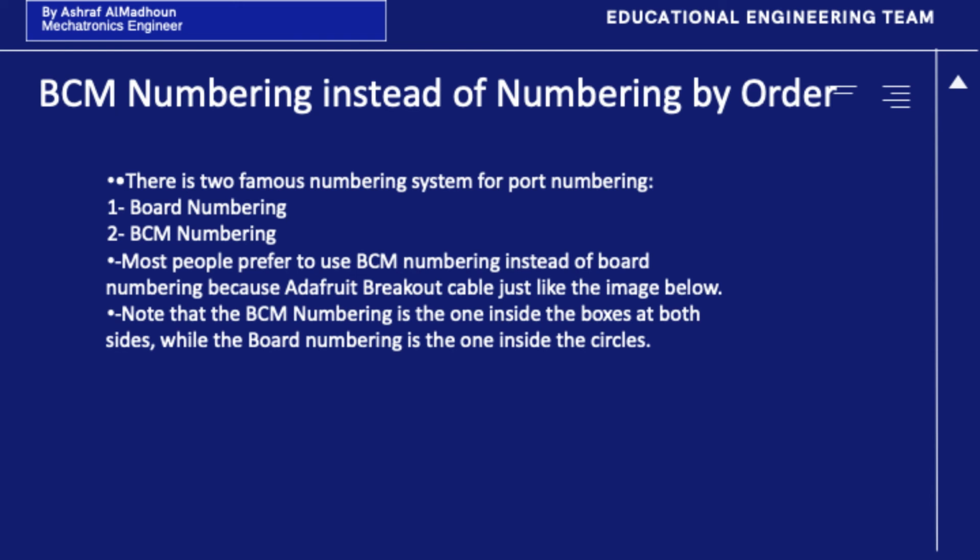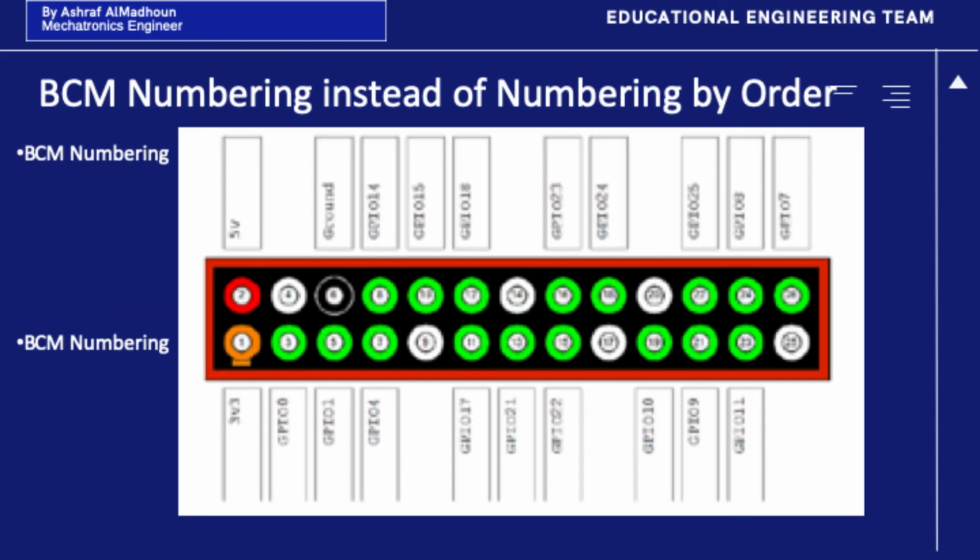Note that the BCM numbering is the one inside the boxes at both sides, while the board numbering is on the side of the circles. Here you can see the BCM numbering instead of numbering by order.